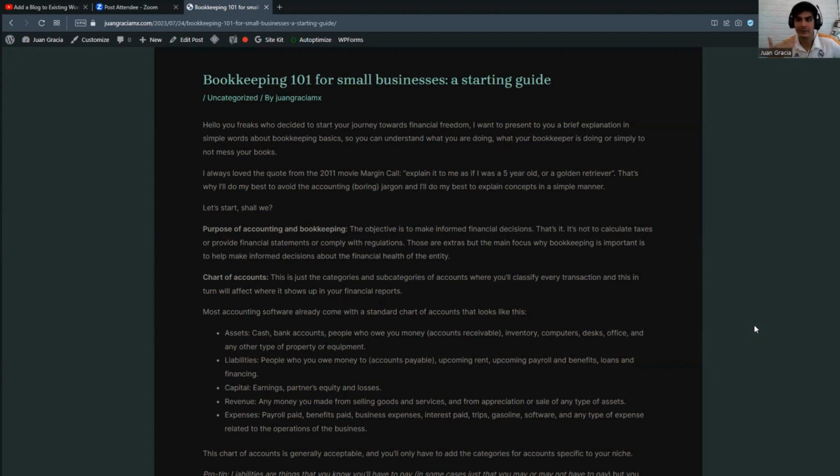Your personal expenses should never go into the company's expenses, but any company expense is going to be here as a subcategory or sub account.